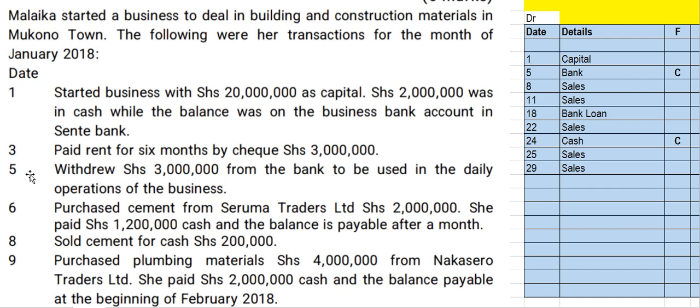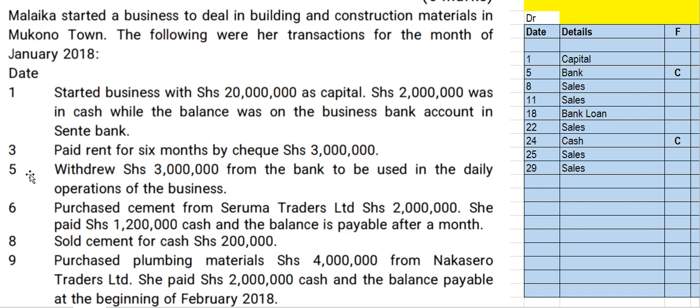So Malaika is withdrawing shillings 3 million from the bank, but this money is to be used in the business. Therefore, cash increases. So the business receives cash. The cash at hand is going to increase, but the bank is going to reduce, because this 3 million is withdrawn from the bank. So this is a contra.